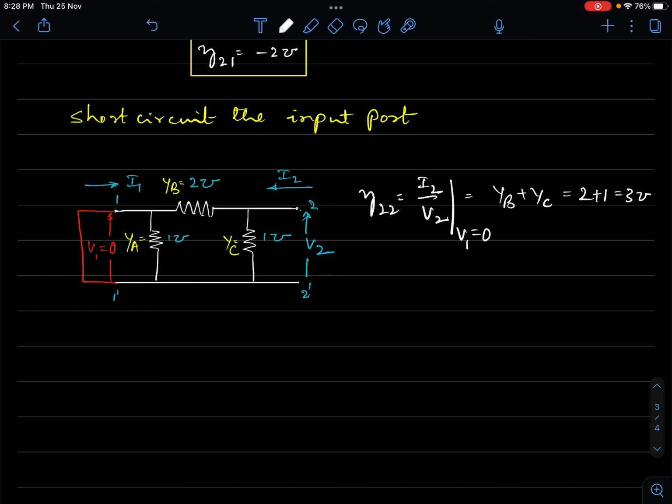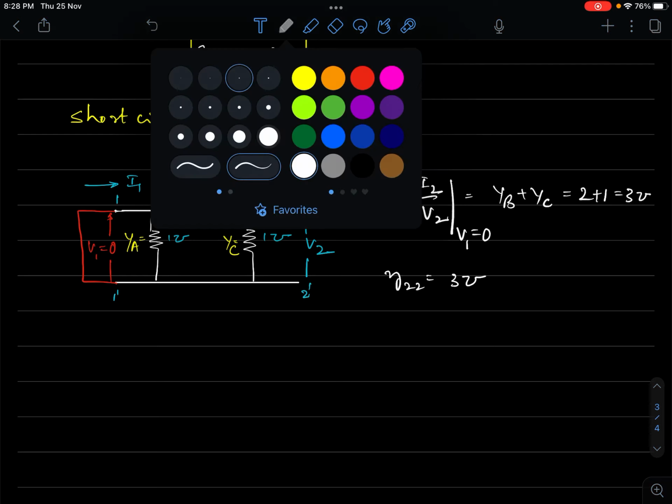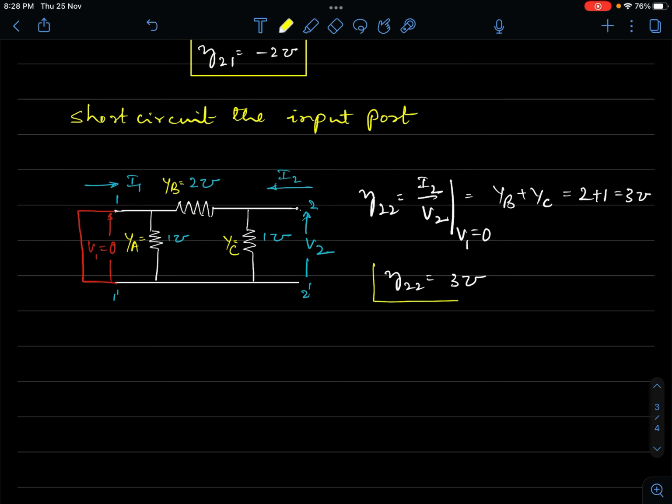This is equal to 3 mhos. Or in other words, Y22 equal to 3 mhos. Okay, so we are able to determine one more parameter.